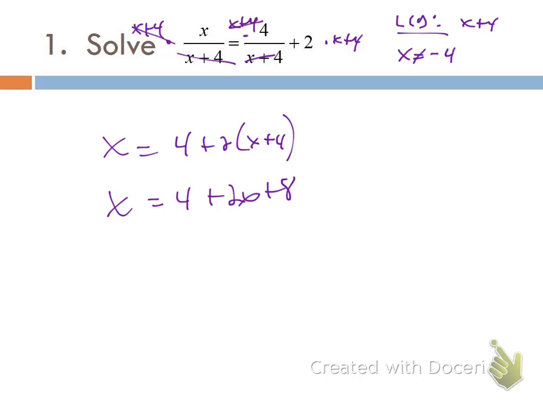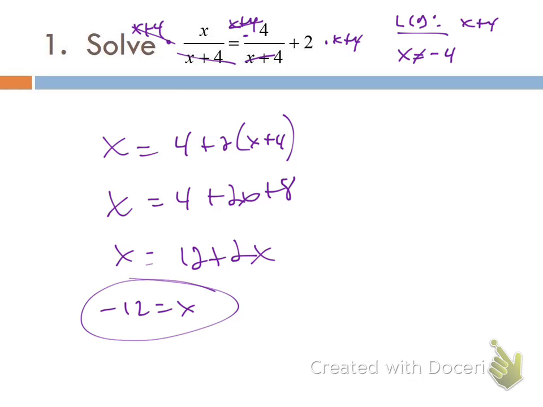This is much easier to do than the original problem. Well, let's simplify first. Subtract 12 from both sides, subtract x from both sides. You get -12 equals x. Since x is -12 and not -4, then we do have a solution, and it all works out pretty great.